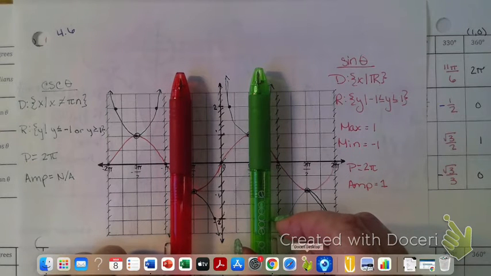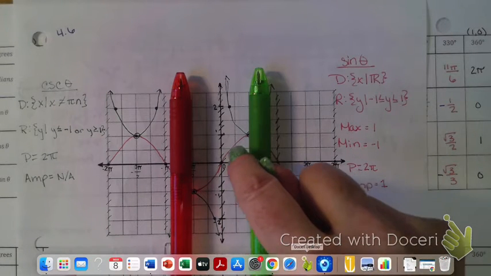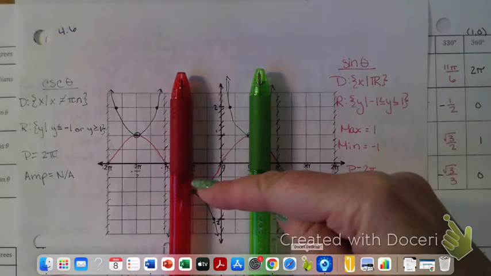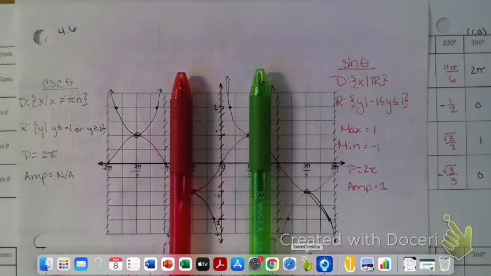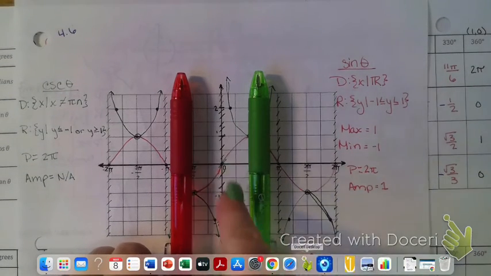Yeah. Do I have all the negative values of sine? Yeah. Now, is this little chunk a function? Yeah. Is it a 1-to-1 function? Yes. Does it pass the horizontal line test? Yeah. Just right there, doesn't it?